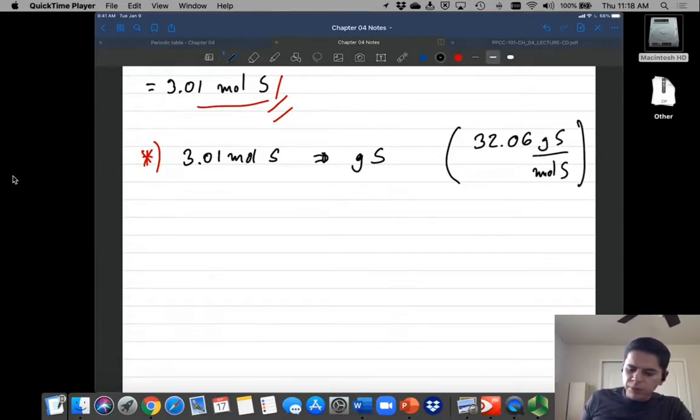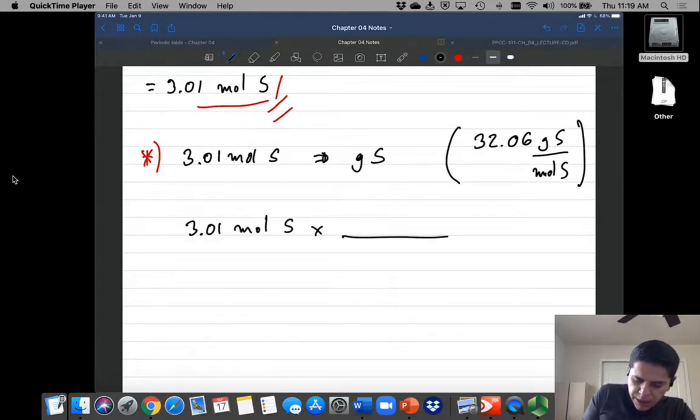Good. So all we have to use is the molar mass that we have here to convert this to grams. So we set it up. 3.01 moles of sulfur times, get rid of the moles of sulfur, obtain grams of sulfur.